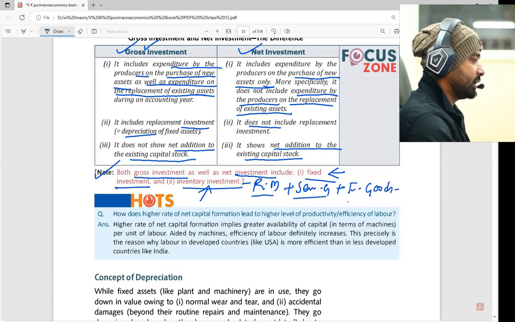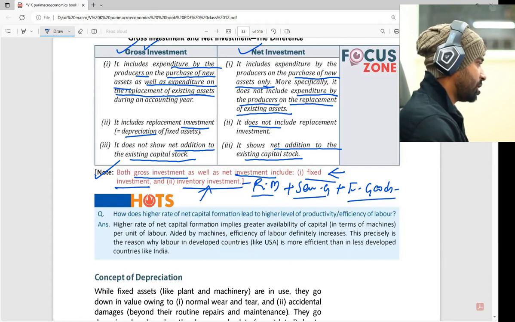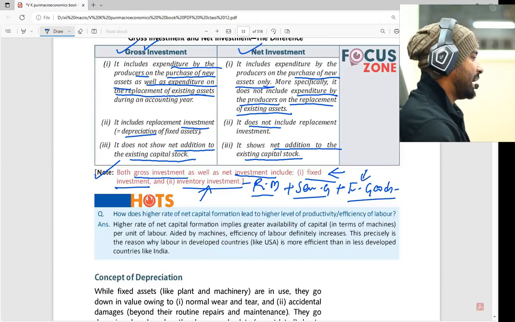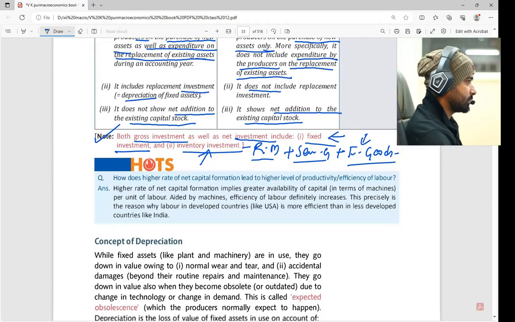It is kept in a godown or in stock form for the selling purpose, and that is combinedly known as inventory investment. So gross and net can be calculated from both fixed investment and inventory investment. I hope that is clear. Yes, sir.